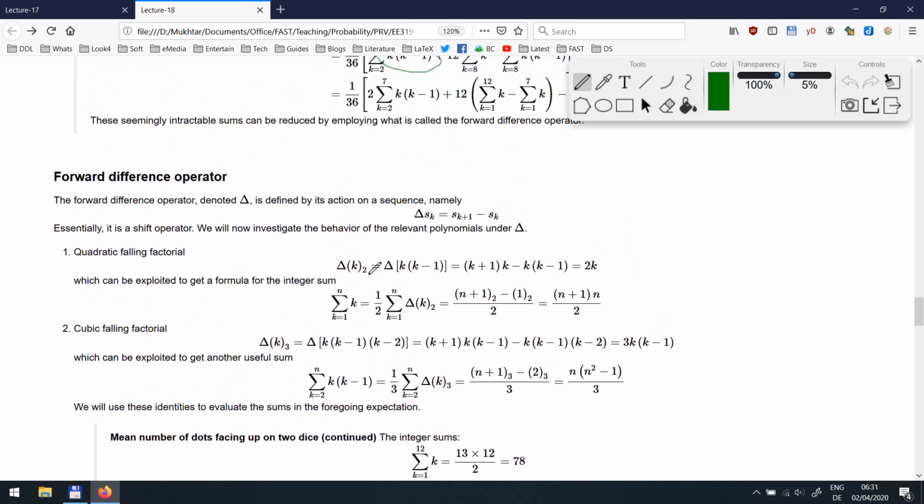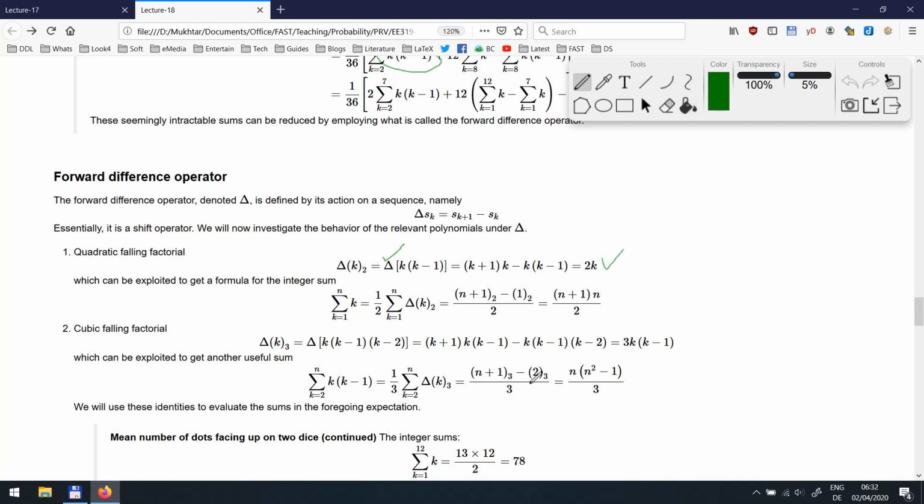K falling factorial 2 means that I just have two factors, k times k minus 1. And I'm applying this finite difference operator. So what will happen? I will subtract this k times k minus 1 from the shifted version. What happens? K becomes k plus 1, the shifted version, and k minus 1 becomes k. I simplify this and I get 2 times k.